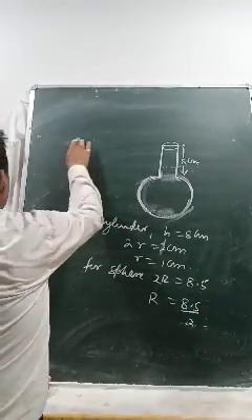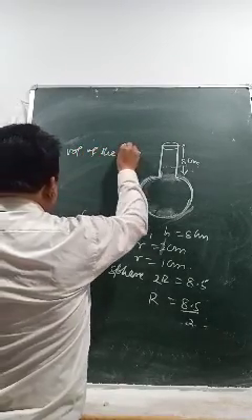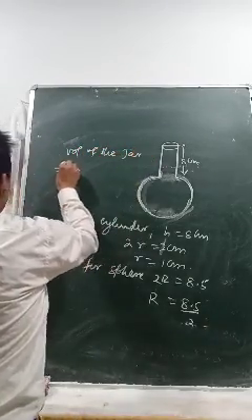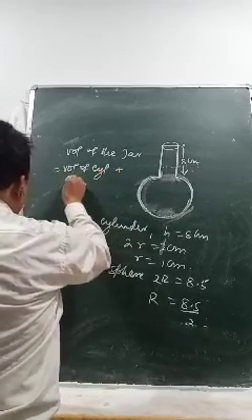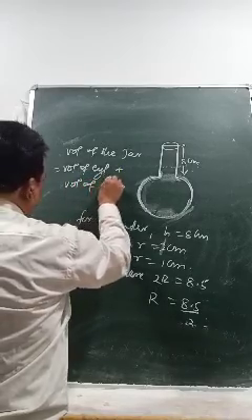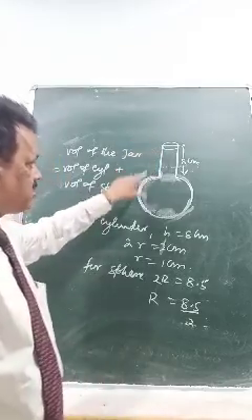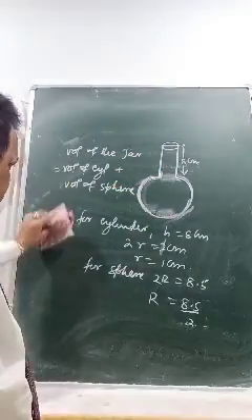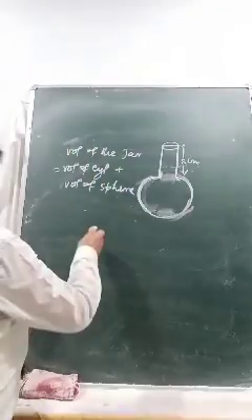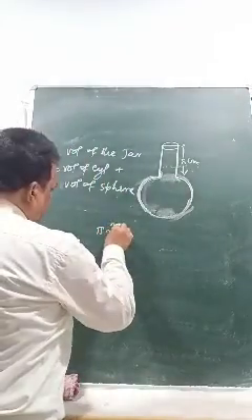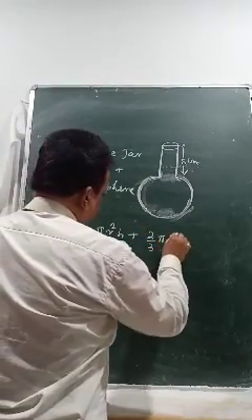Okay, volume of the jar is volume of cylinder plus volume of sphere. What is the volume of the cylinder? That is pi r square h. And for the sphere it is 4 by 3 pi r cube.